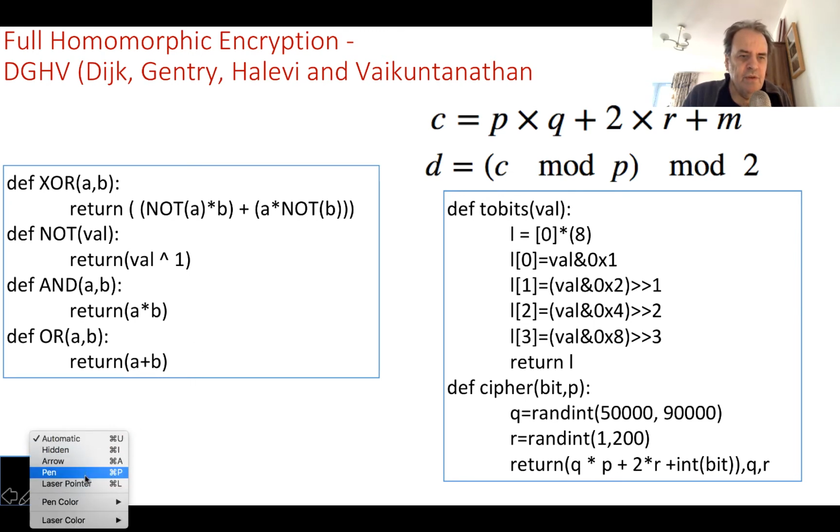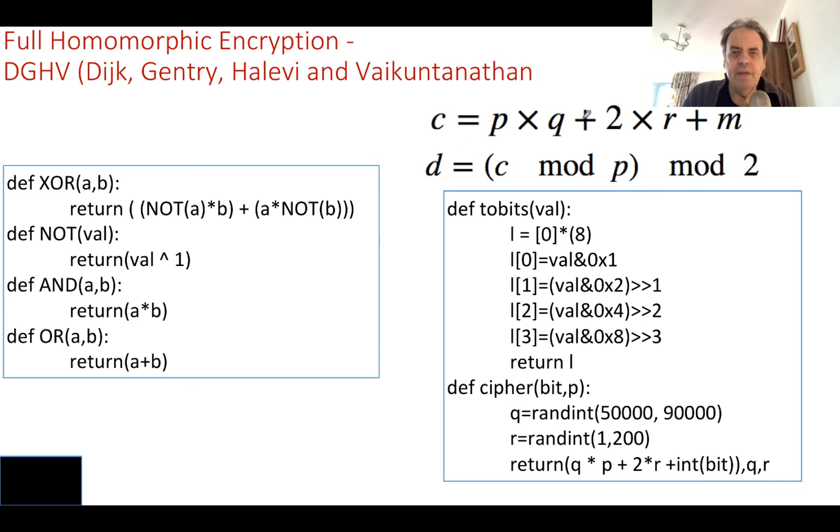The mathematics behind it is that we take our single bit, M, which is a 0 or a 1. We then take a random value, which adds noise to it.